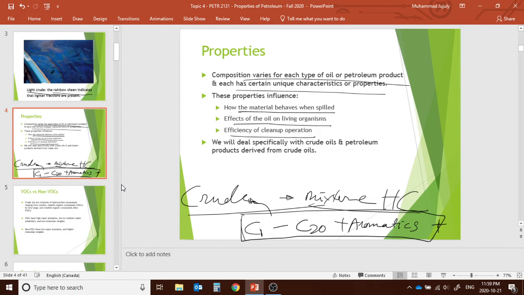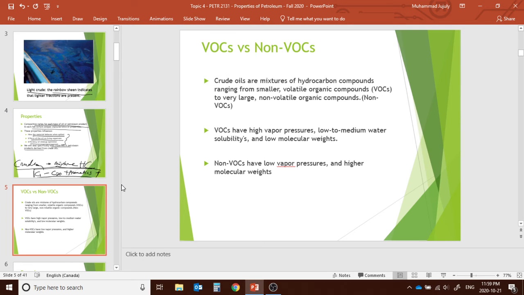So these properties mainly influence these three things, and besides these, we also have to deal specifically with crude oil and petroleum derived products, every single time. Now, crude oil has several different components.